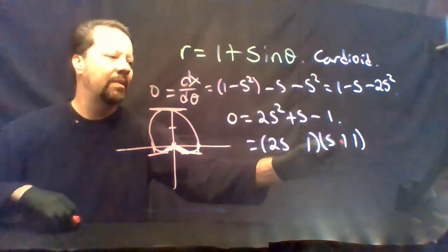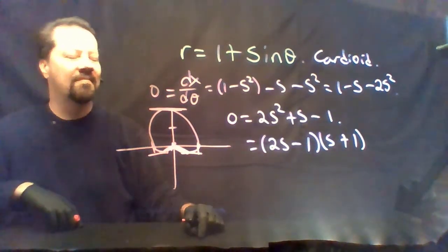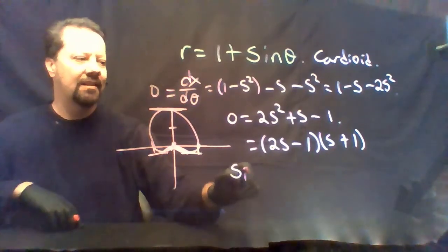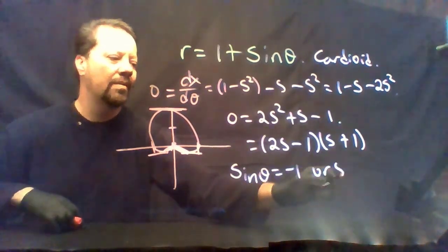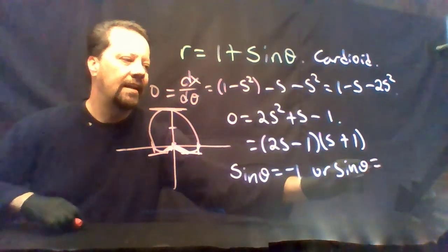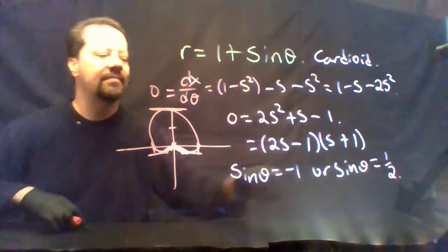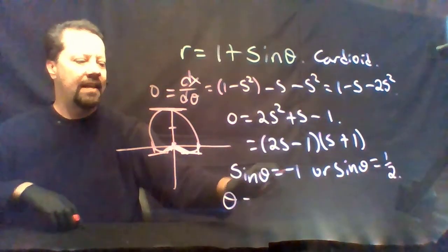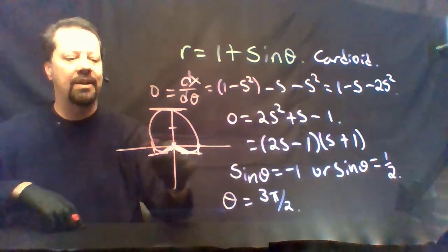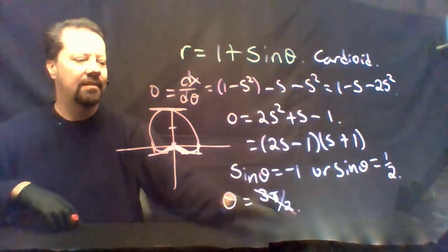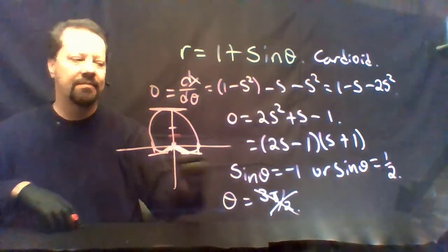Let's see, we need a plus and a minus. So we get sine theta equals negative 1, or sine theta is 1/2. Sine theta equals negative 1 is at 3 pi over 2, and we already know that we don't have a vertical asymptote there. That's a cusp.